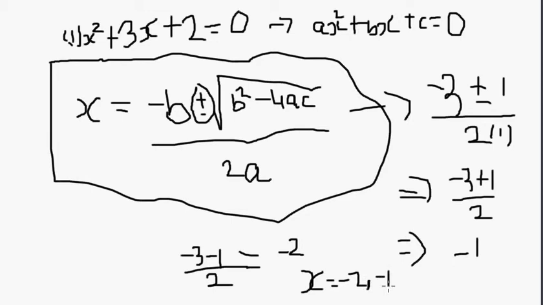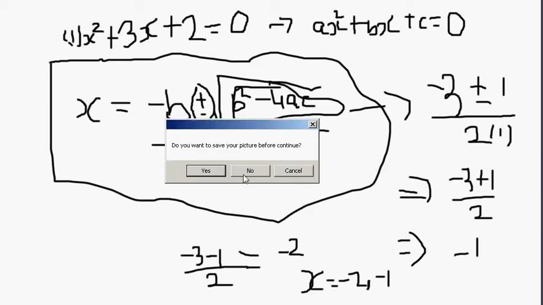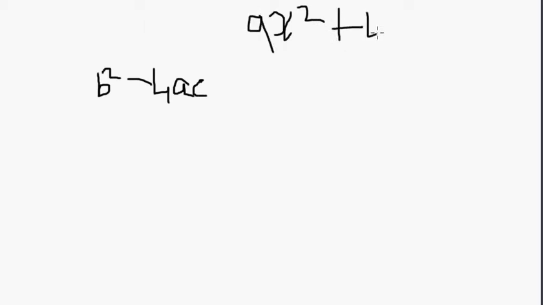It is about this b squared minus 4ac, which is very important. It can tell you whether any equation has real roots or imaginary roots.